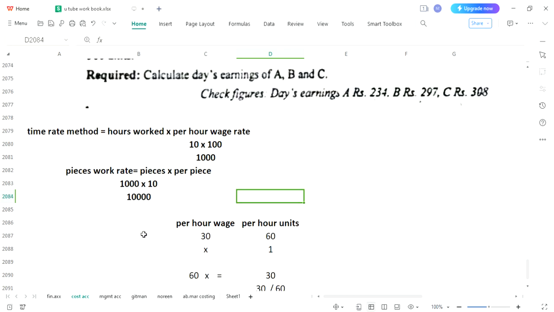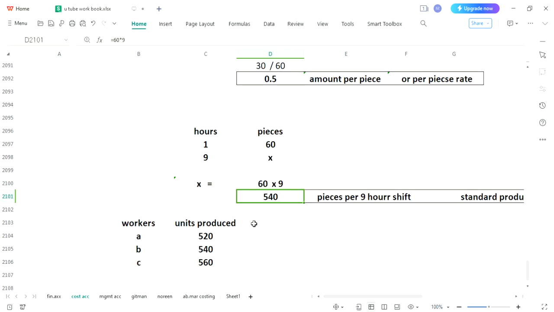Now let's see how much amount would be paid. Per piece rate you have calculated 0.5, you know, amount per piece 0.5. We can mention over here per piece amount is 0.5 for everyone. So what you will do, you can take this and paste above.